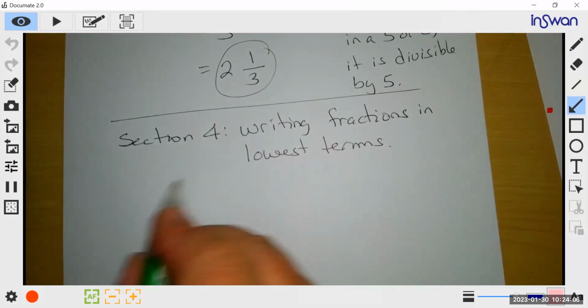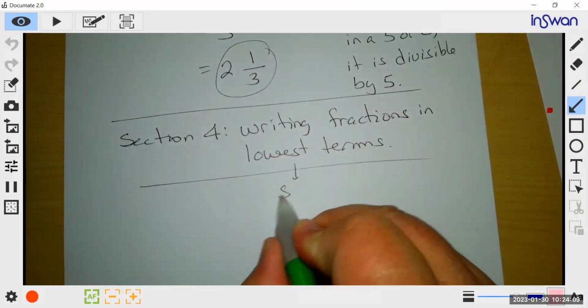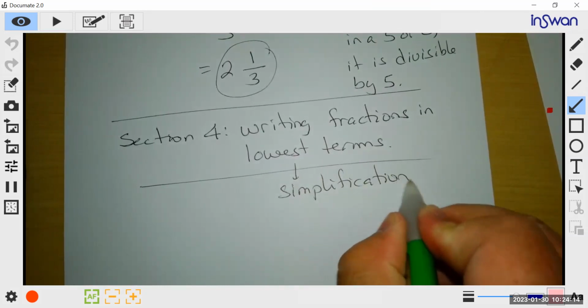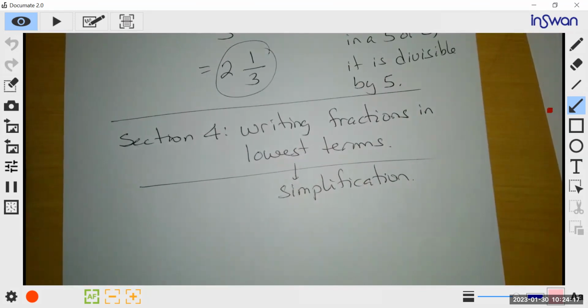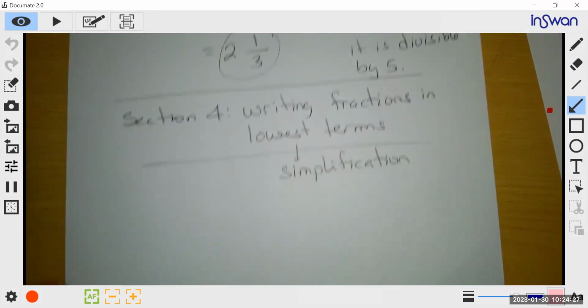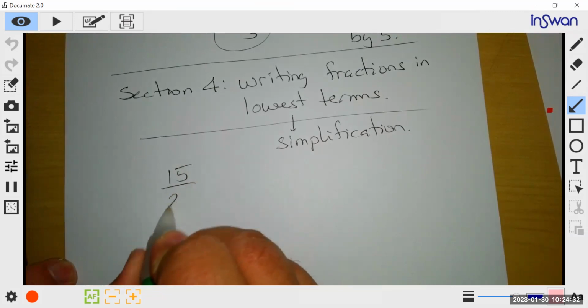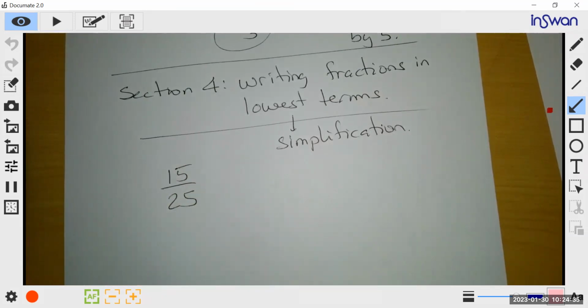In a nutshell, that's called simplification. Take the top number and the bottom number, simplify as far as it goes, and that's you at the lowest terms possible. You're not done in a math equation until it's simplified as far as it can go.